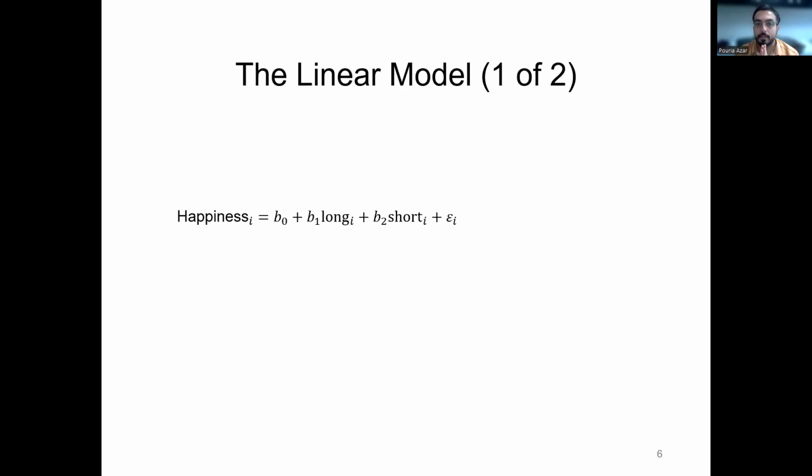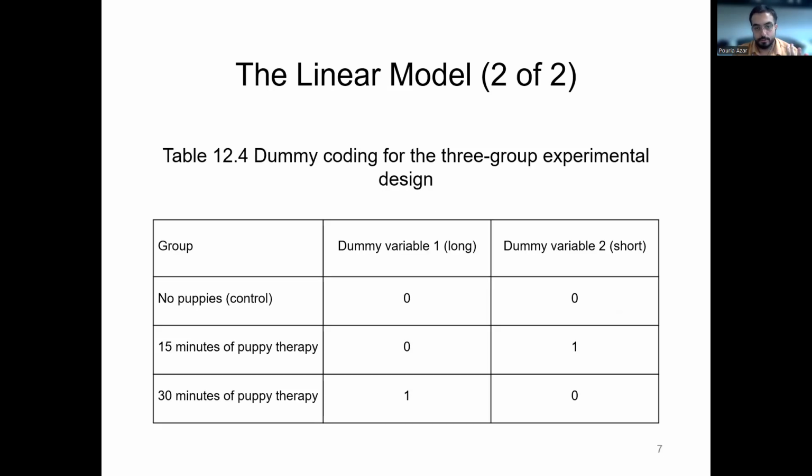We have beta 1, which is for our independent variable, 30 minutes contact with puppies. And we have beta 2, the beta coefficient for another independent variable, which is short, or 15 minutes contact with puppies. And we have our error term.